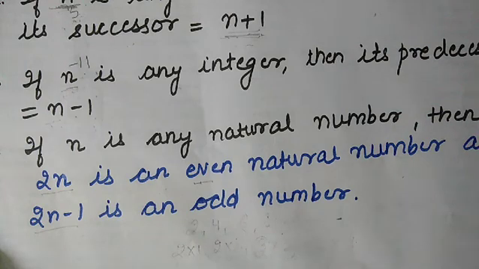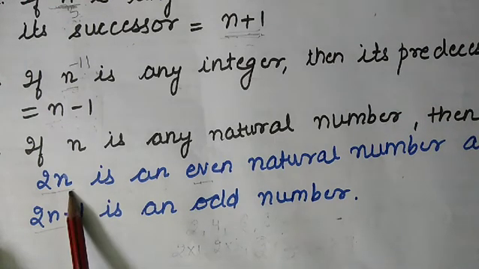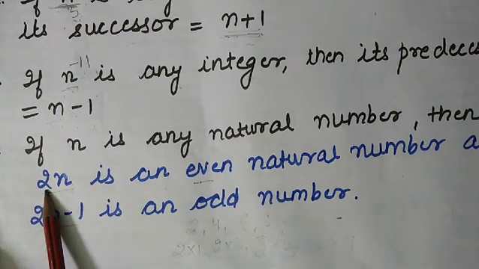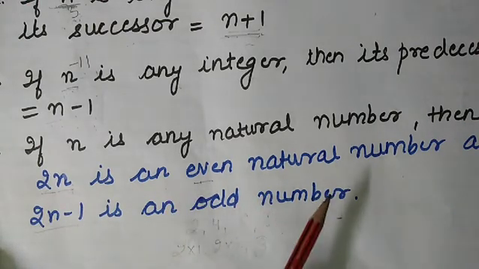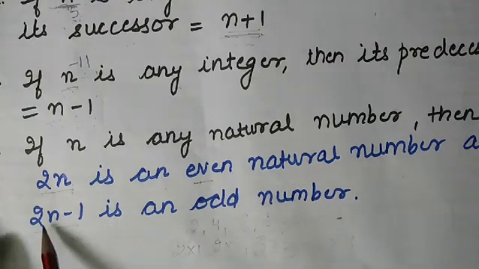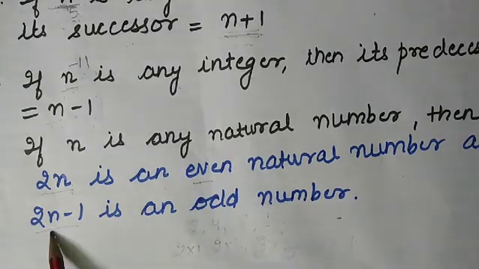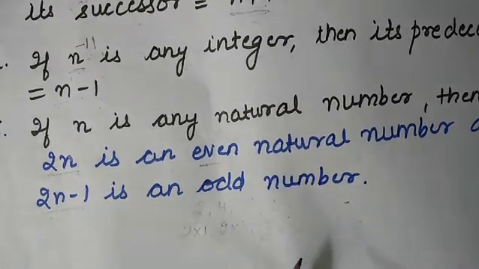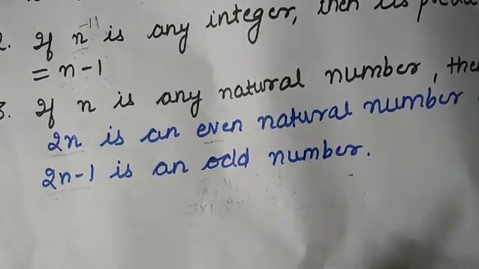Any natural number multiplied with 2 will surely be an even number, and when 1 is subtracted from it, we always get an odd number. Let us understand this with an example.